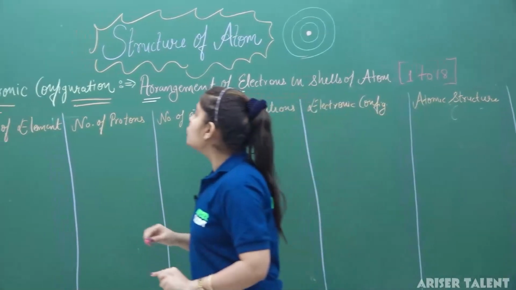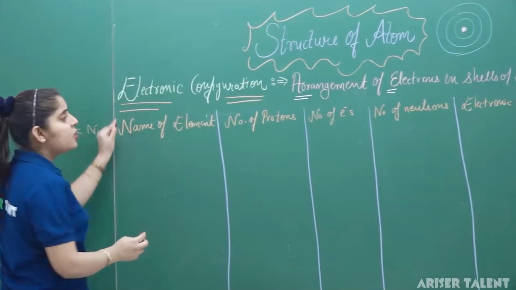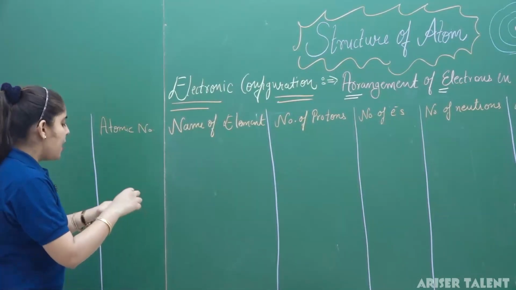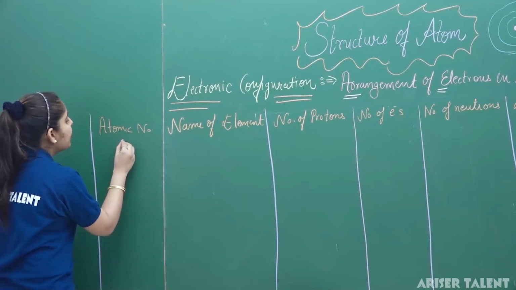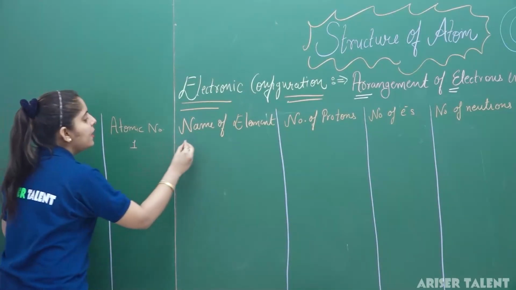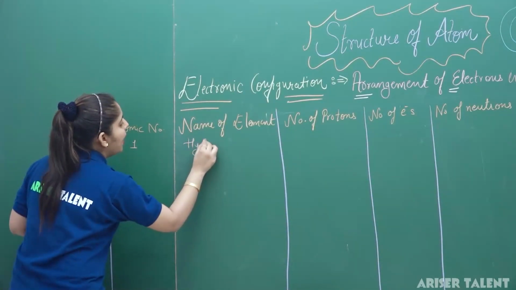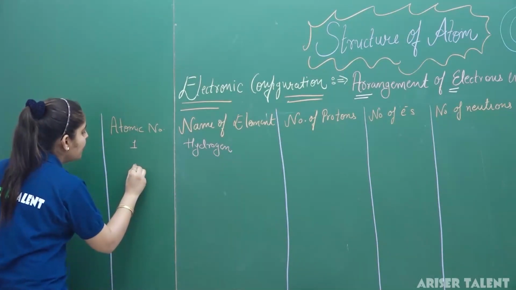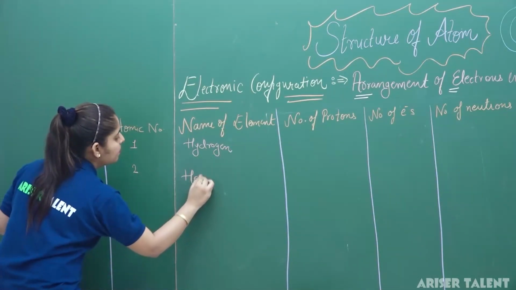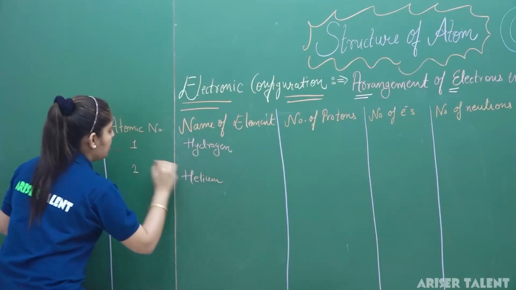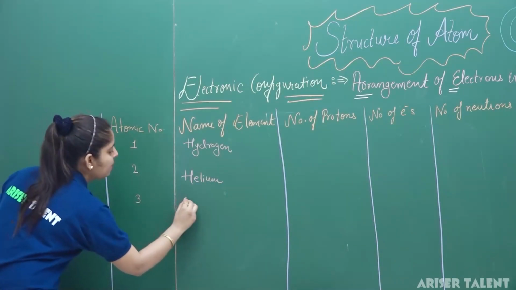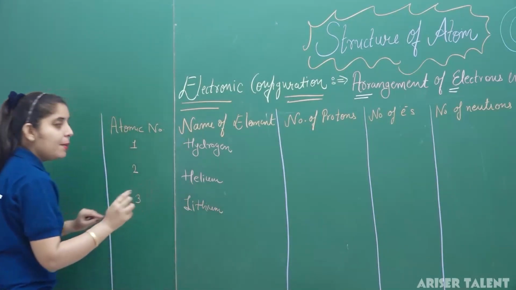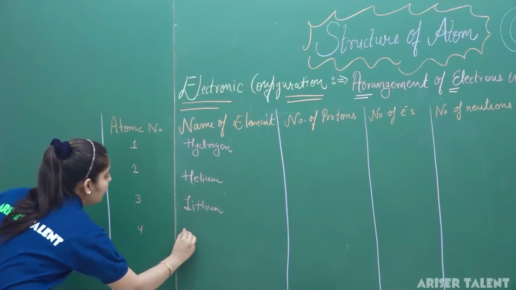Now I am showing you how the electronic configuration of an atom can be written in the easiest way. Our first element with atomic number 1 is hydrogen. Element with atomic number 2 will be helium. Element with atomic number 3 will be lithium. Element with atomic number 4 will be beryllium.